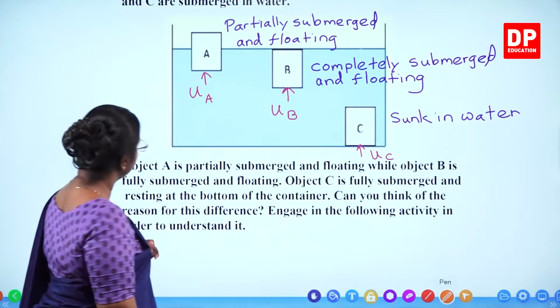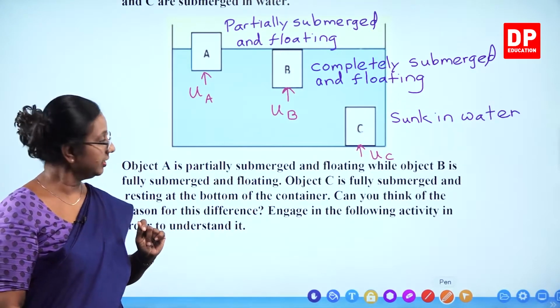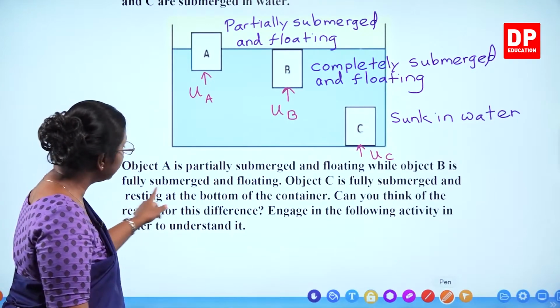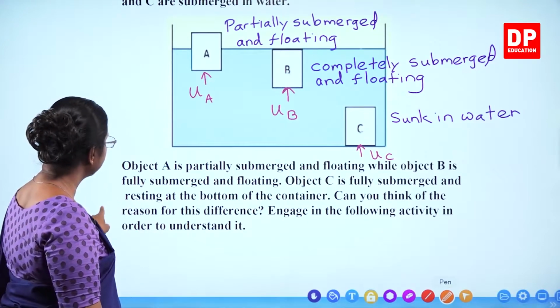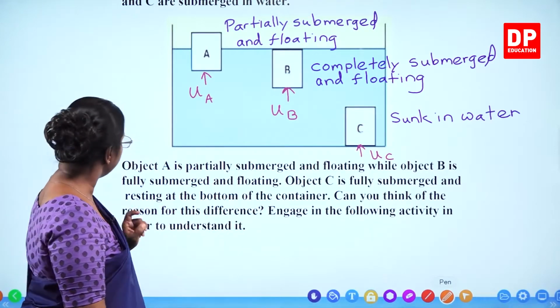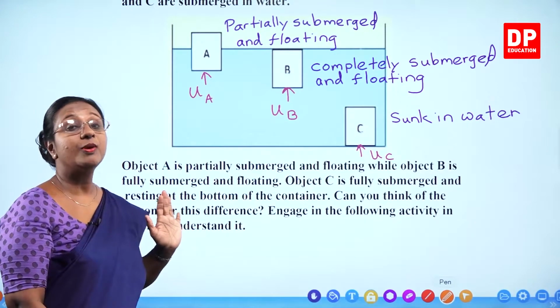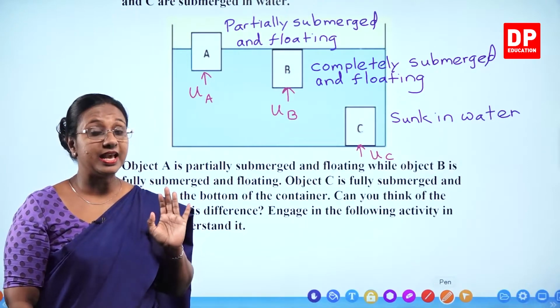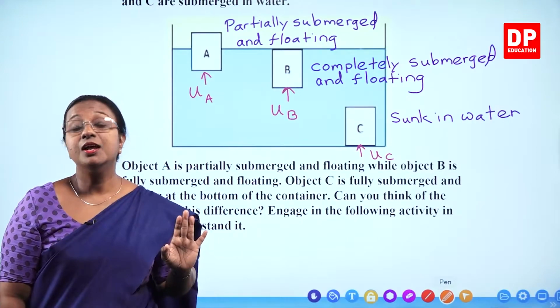So what I explained to you all: object A is partially submerged and floating, while object B is fully submerged and floating. Object C is fully submerged and resting at the bottom of the container. Can you think of the reason for this difference? So now we are trying to understand the reason. That is what I said, the relationship between upthrust and weight.